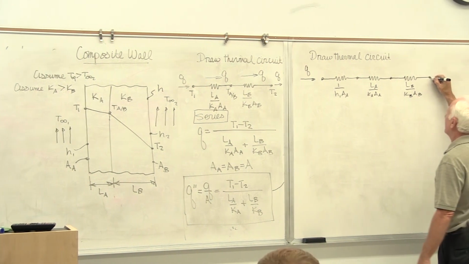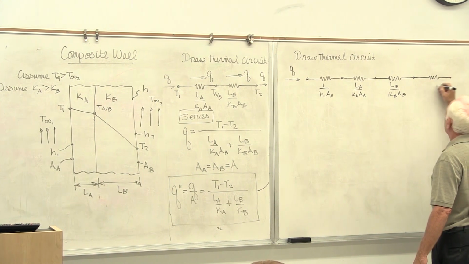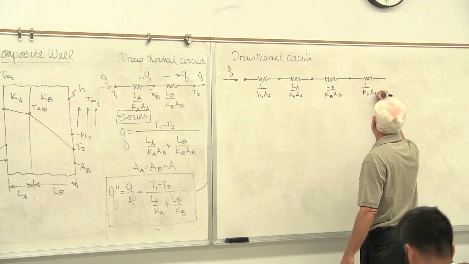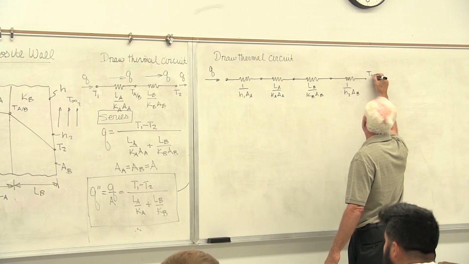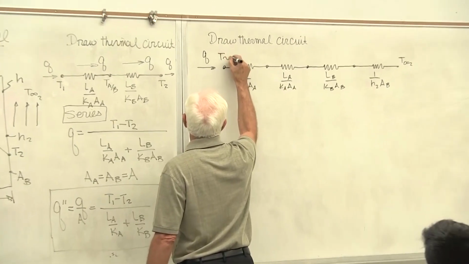And finally, we go out by convection. This is 1 over H2 AB. This is temperature T infinity 2. This is temperature T infinity 1.